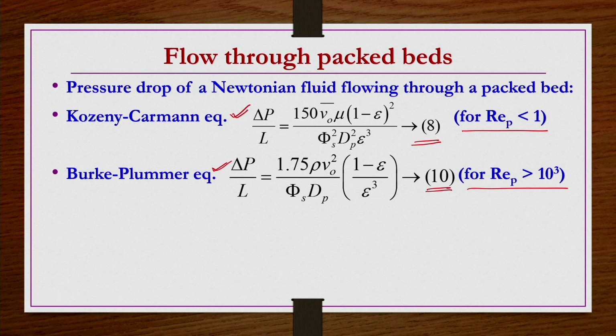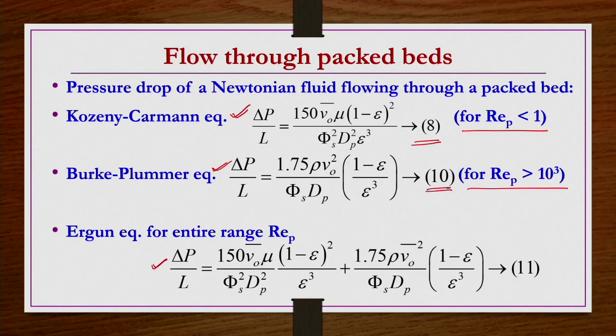But in general, there may be cases where the contributions of viscous losses and kinetic losses are both of significant importance, and both may contribute to the pressure drop of the fluid flowing through this packed bed. So, under such conditions, how do we find it?